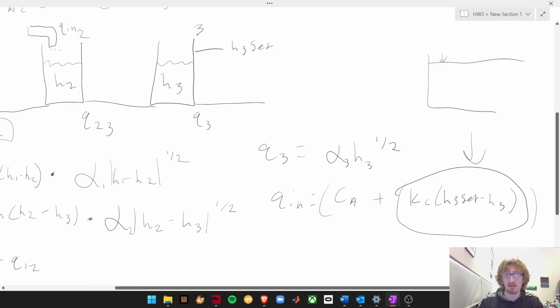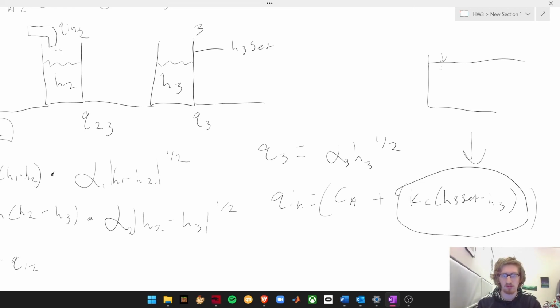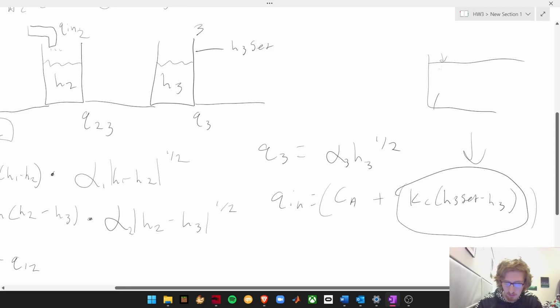And maybe you just want to get to the set point as closely as possible, and overshooting would be really bad. Maybe it'll cause some sort of spillage or something. So you will have a really small proportionality constant, or proportional control. And then you'll never quite reach there, but you'll get really close.